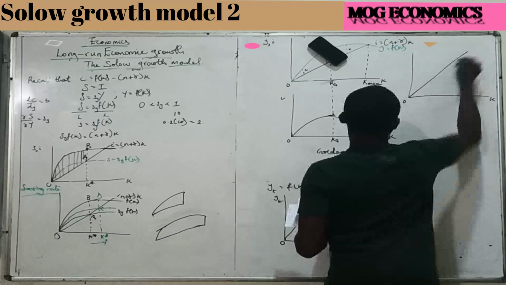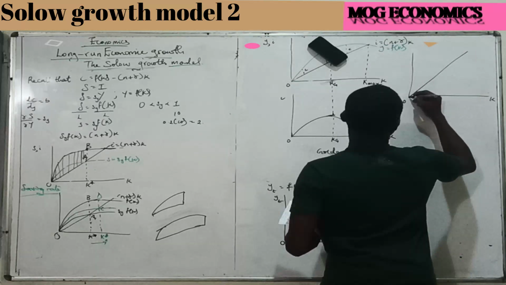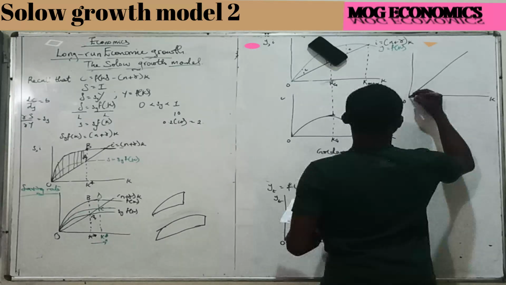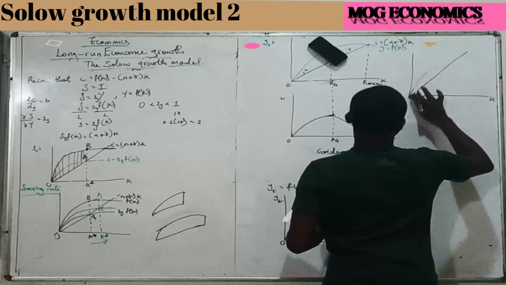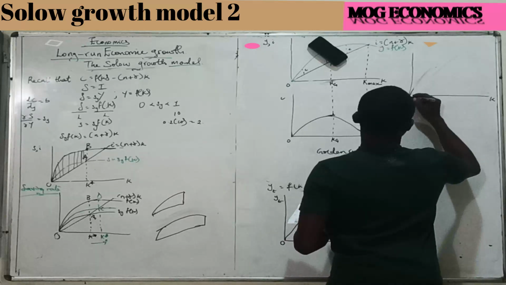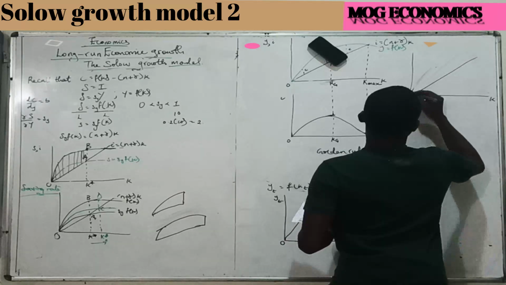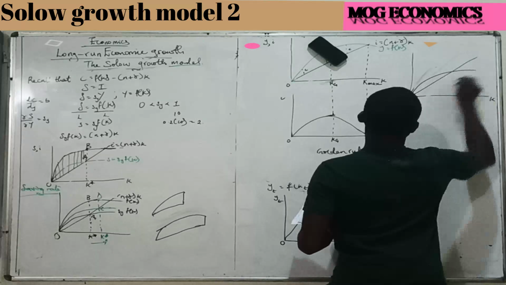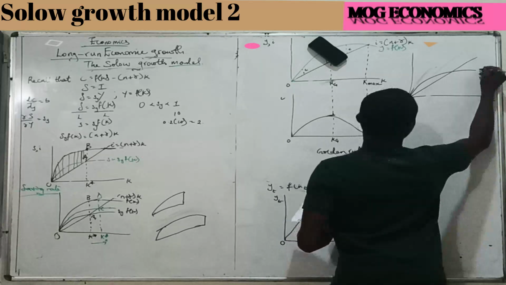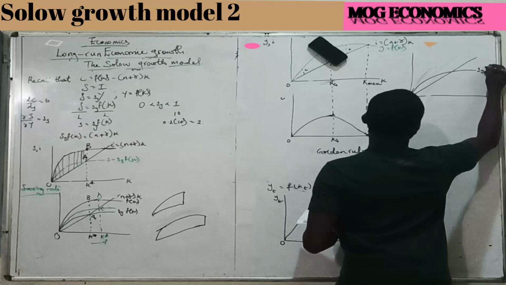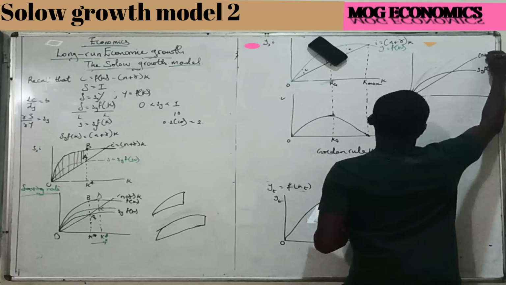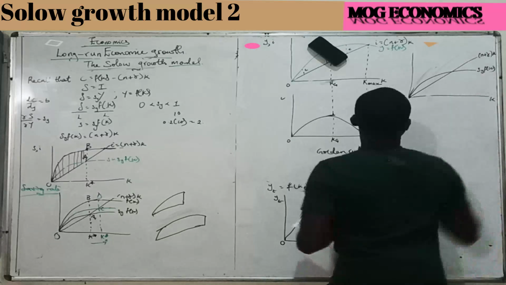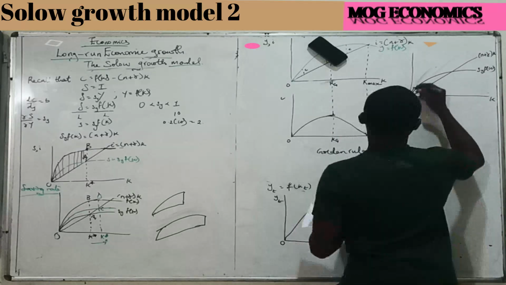This is our investments, and this is our initial saving, sY, a function of k, and n plus d k. And then our initial output.